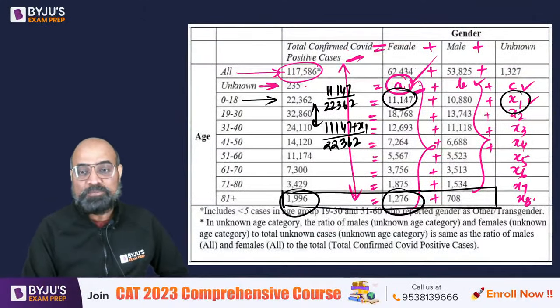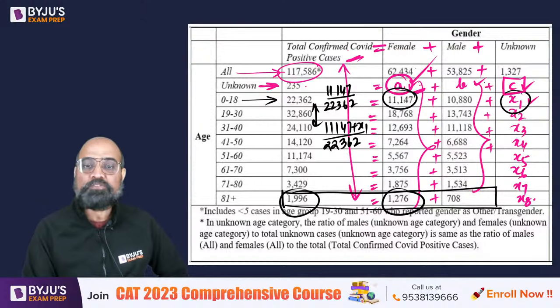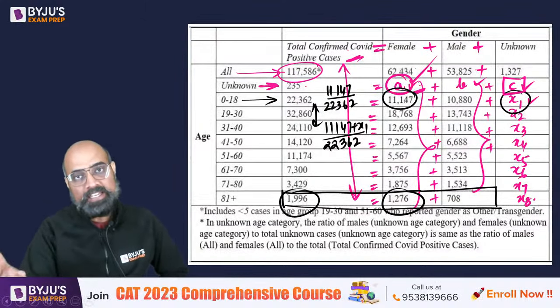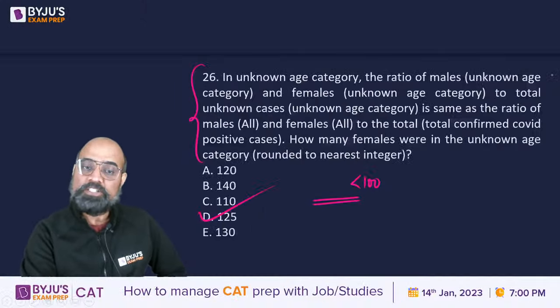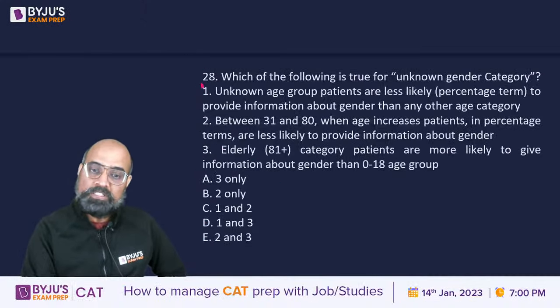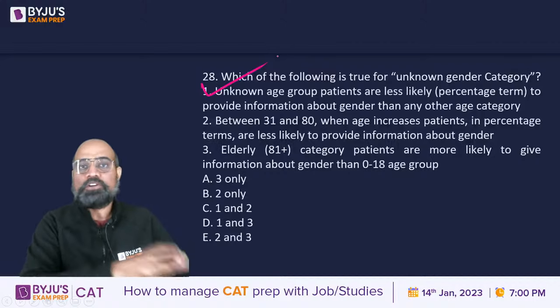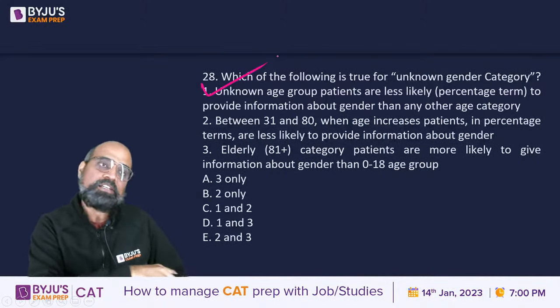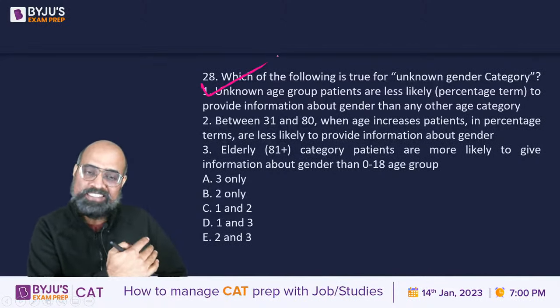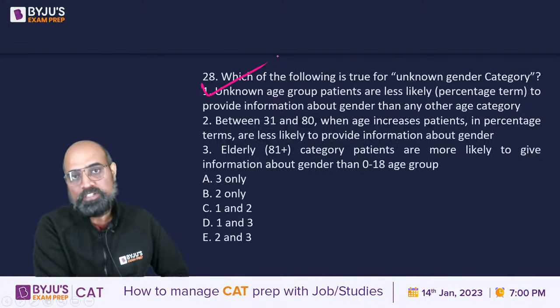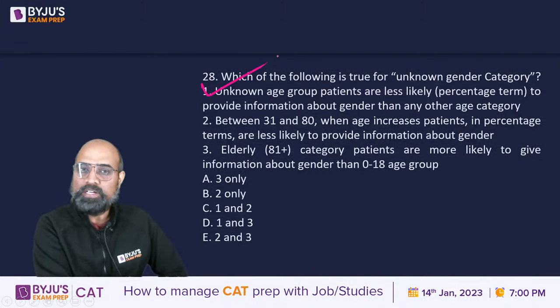In percentage terms, this unknown category will go either to female or male. You will again get a range. And this was the lowest percentage that you were supposed to have. So because of the lowest percentage, you cannot figure out, I mean it is giving enough information so that you can figure out about that unknown category.